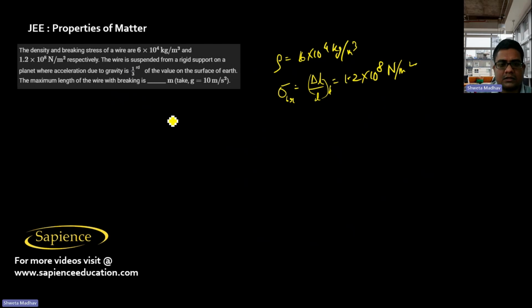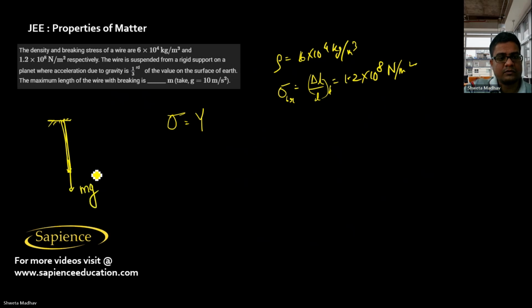Now we can say that sigma is equal to Young's modulus. The wire suspended from a rigid support vertically, then its weight will act, that is mg dash, where g dash on that planet is 1 by 3 times g.